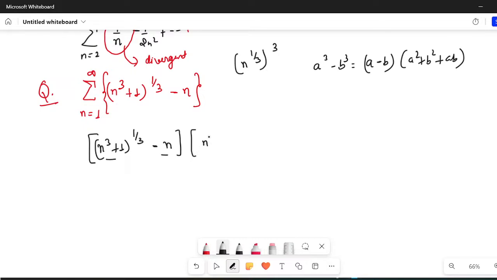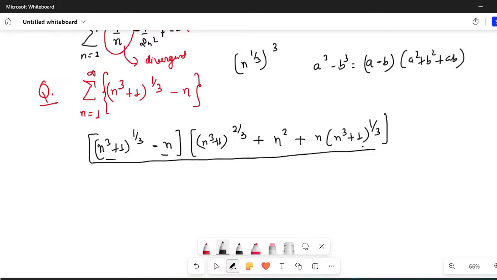I'll multiply with (n cube plus 1) raised to power 2 by 3 plus n square plus n into (n cube plus 1) raised to power 1 by 3, and divide by the same. I think this is quite clear.